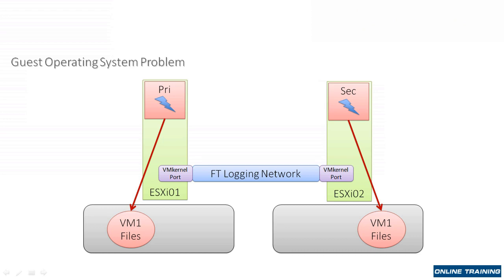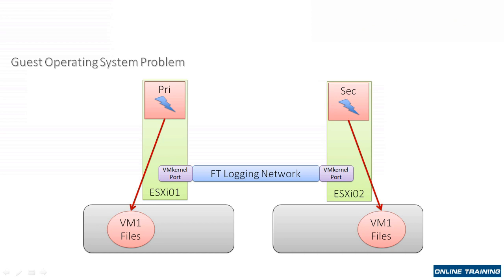And the main thing you want to bear in mind for fault tolerance is, number one, that it's zero downtime, right? It's meant for really important virtual machines that require 100% uptime. And it's very resource intensive, so it's not like high availability. High availability is designed for protecting entire clusters of hosts and protecting a lot of VMs, right?